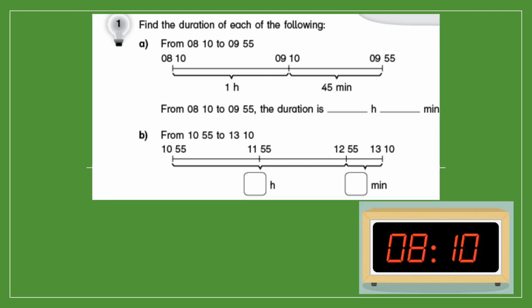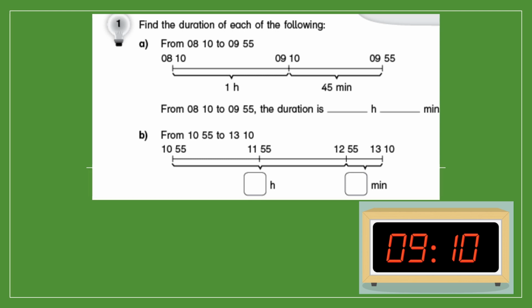So the start time is 8:10 and the end time is 9:55. You can see that the hour is increased by 1 hour because the number actually changed from 8 to 9. There's 1 hour. Next, we look at the minutes part. From 10 to 55, you can do a minusing there. 55 minus 10 is 45 minutes.